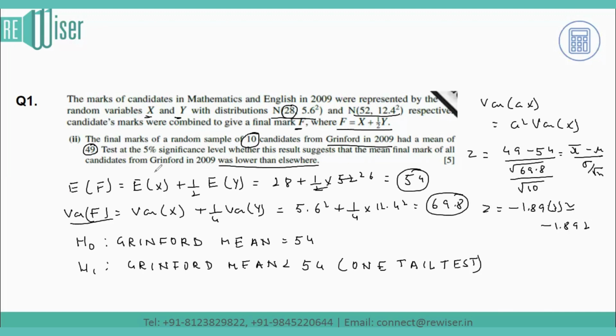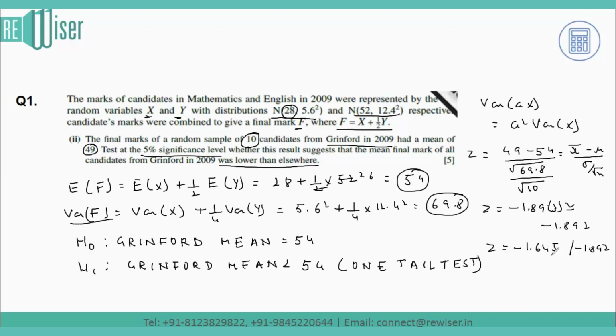Now we have to check at 5% significance level, and we know that at the 5% significance level with a one-tailed test, the z value has to be minus 1.645. We compare it with the negative z test statistic of minus 1.892.